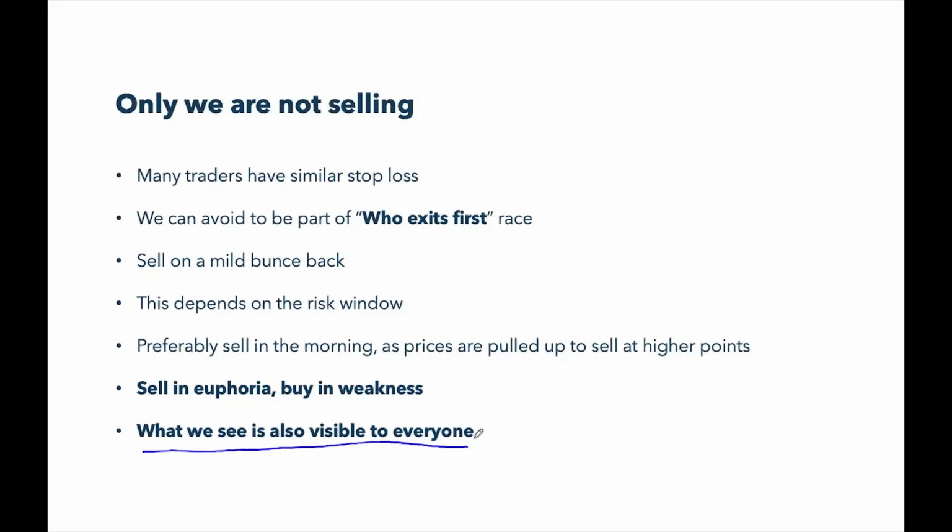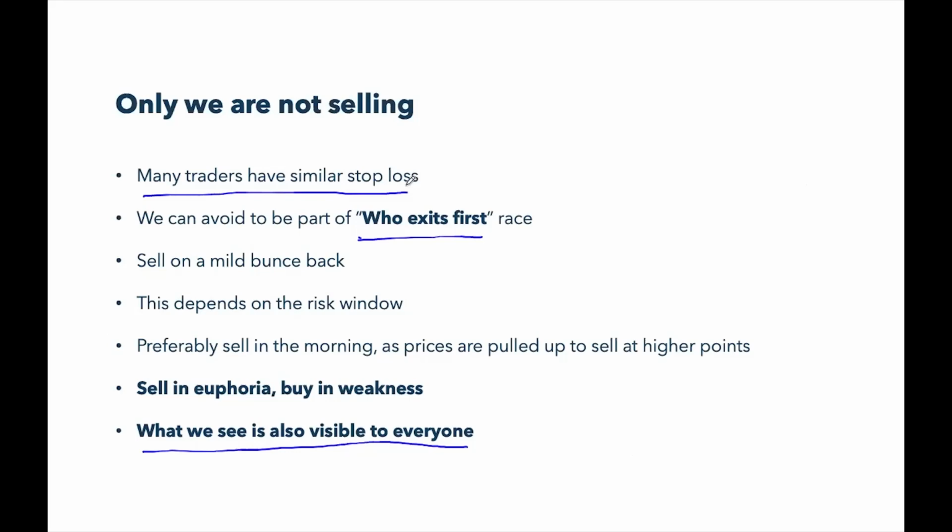So just learning patterns, or just learning volumes, may not make us a successful trader. The basic guideline is to be prepared with a plan, and we should be the first one to exit when the trade is not going in our favor. Obviously, we cannot be faster than a computer, but many traders will have a similar stop loss, and at that particular price point there would be a lot of selling pressure.